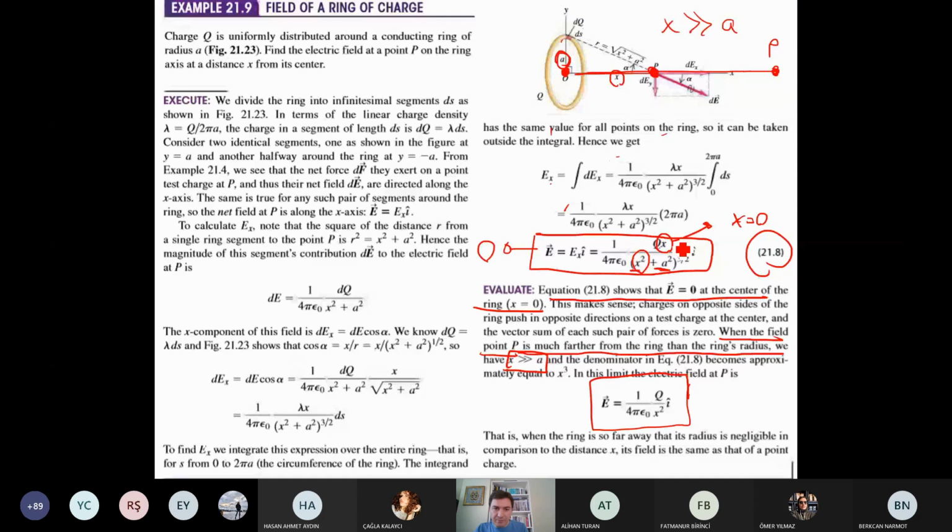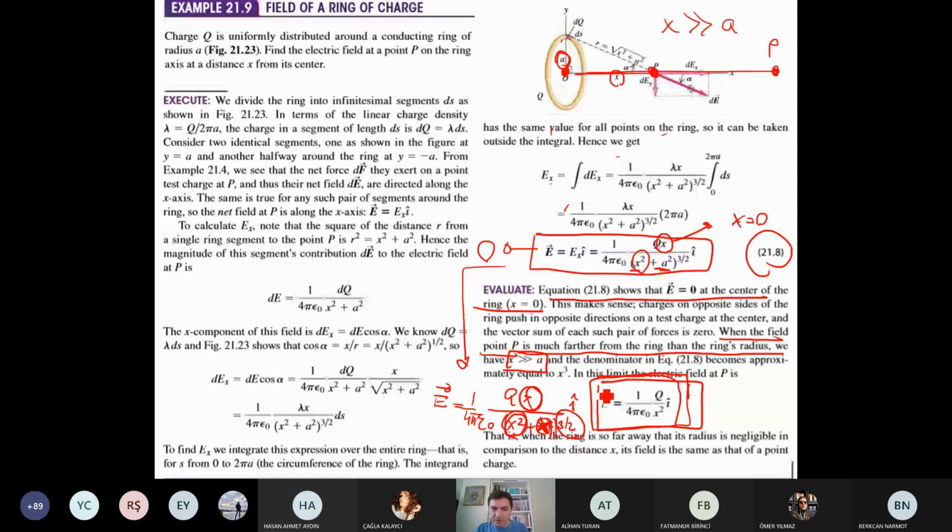E is equal to 1 over 4 pi epsilon 0, I'm just writing this solution, Q times x, and here we have x squared plus a squared to the power 3/2. When this x is huge compared to the radius of the ring, a can be neglected. Here we have power 3/2, here we have x squared, and here we have another x, and the solution will be like this. Okay, look at the solution.